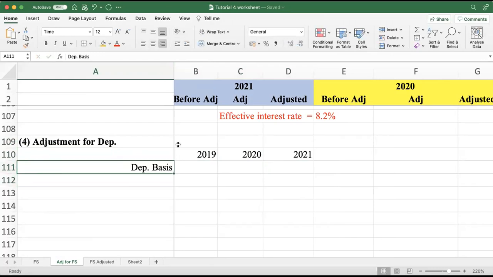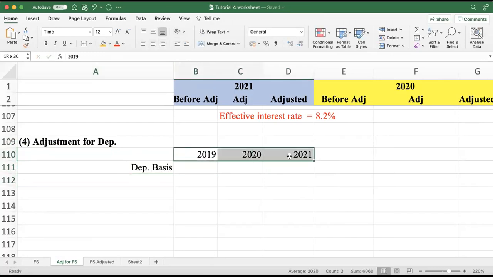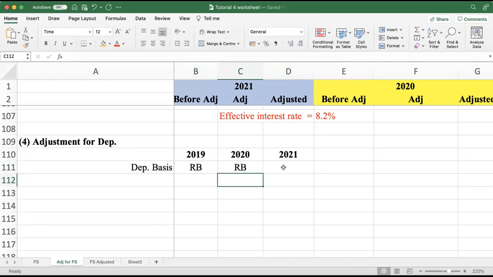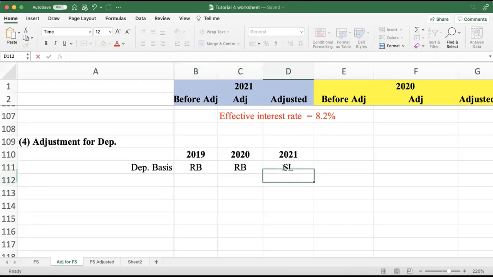Now you see 2019, the company was following reducing balance basis. 2020, the company was following reducing balance basis. But 2021, the company changed the depreciation method to straight line basis.